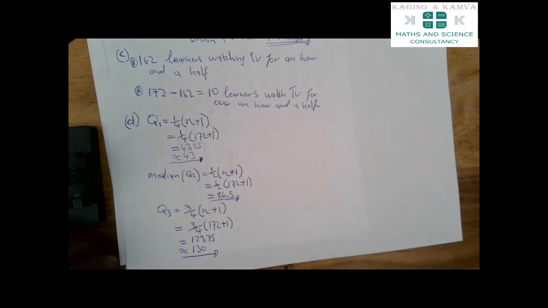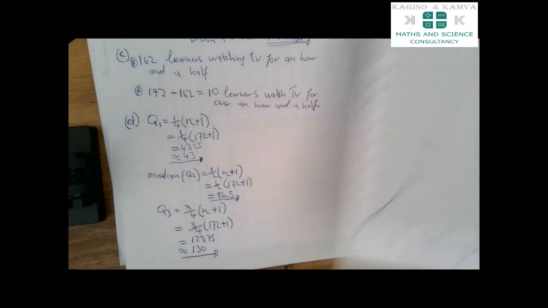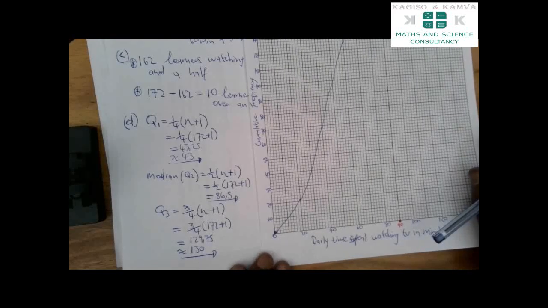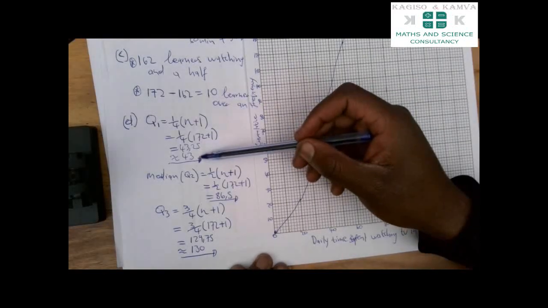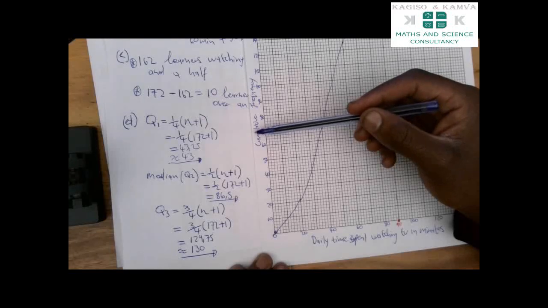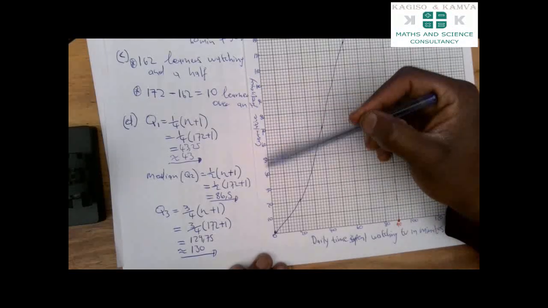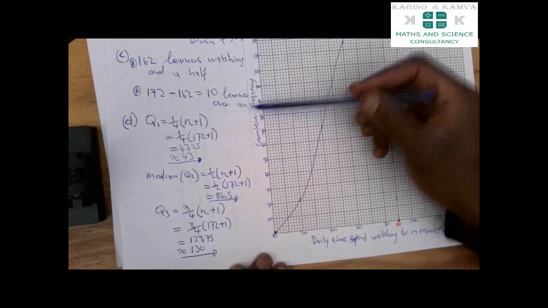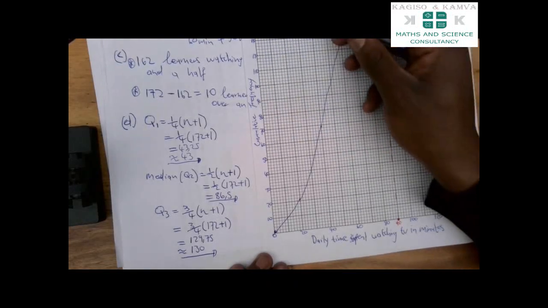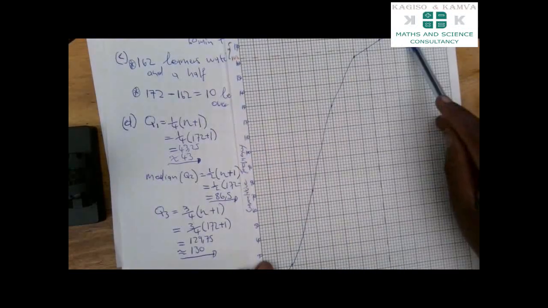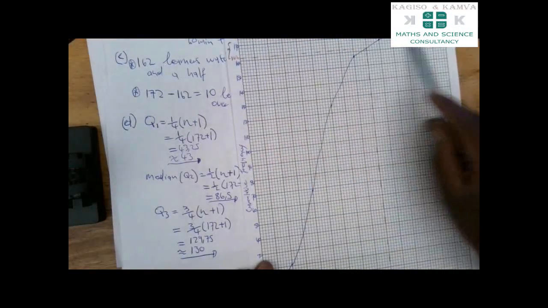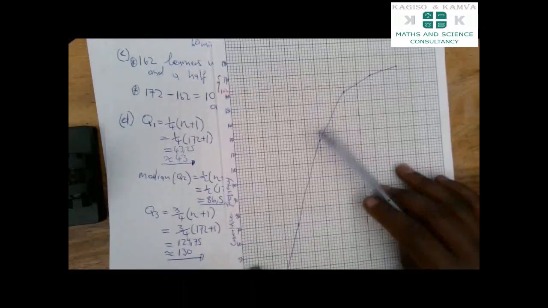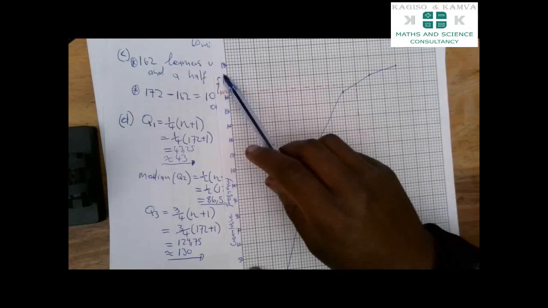Okay, so using the ogive, these positions we are going to use on the y-axis, on the side of the cumulative frequency, because this 172 is also on this side, which is the total number of learners.